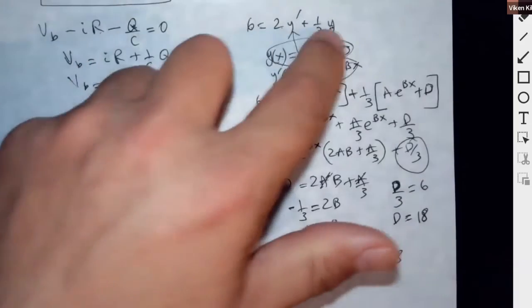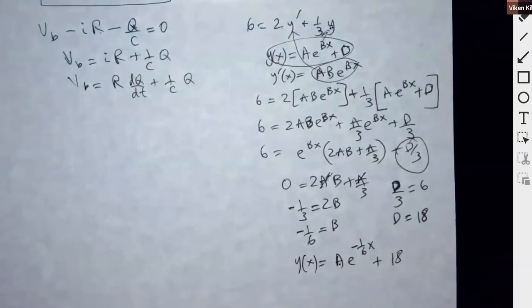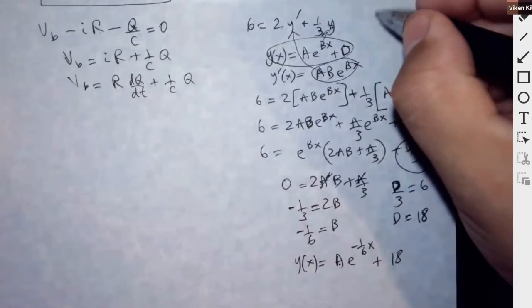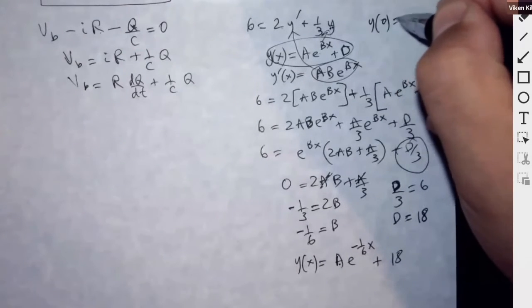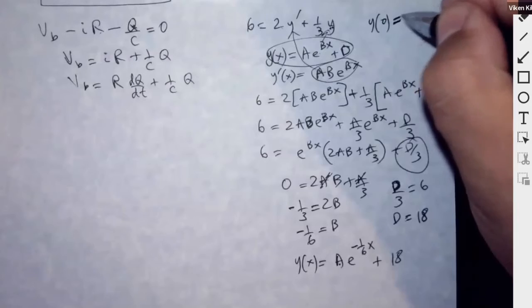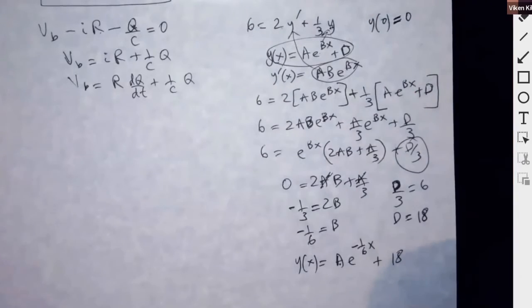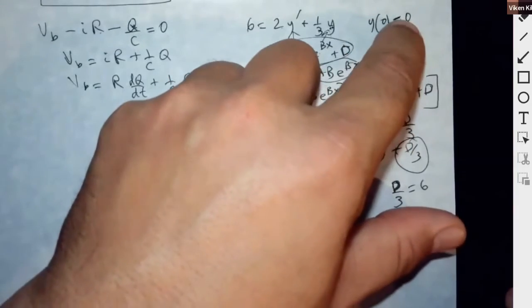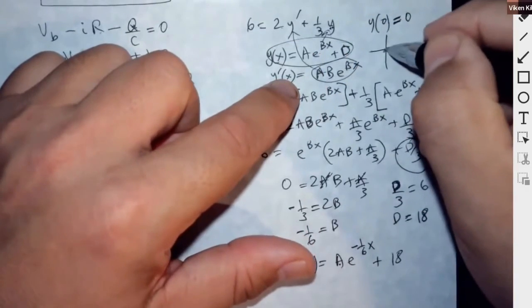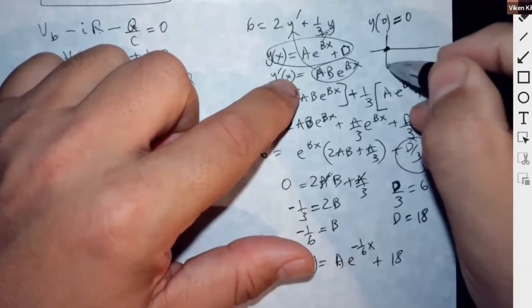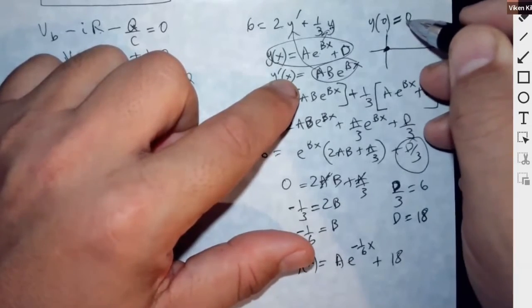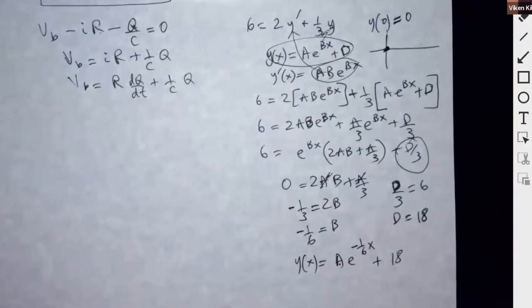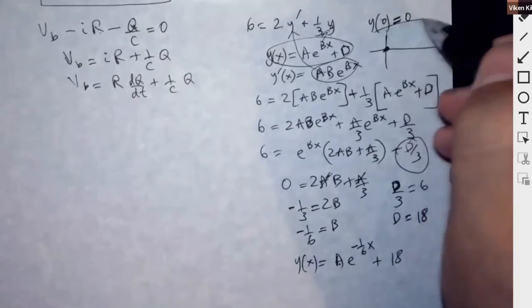Well, every differential equation will also have an initial condition or final condition, some condition that the y satisfies. You might be told something like y of 0 is 0. That means when the x is 0, y starts at 0. So the y function starts at the origin. Or you might be given some other condition. It doesn't necessarily have to be an initial condition. It could be anything, some condition.